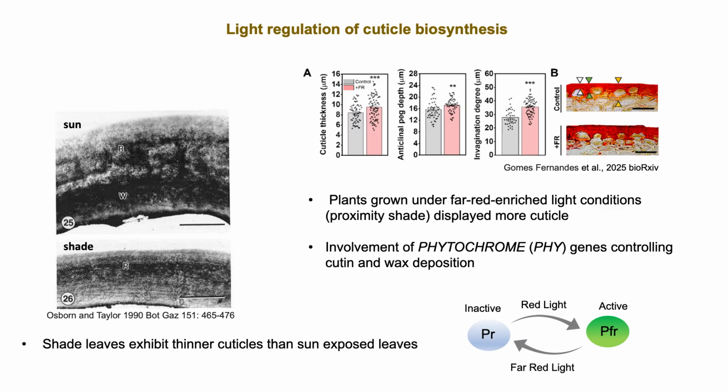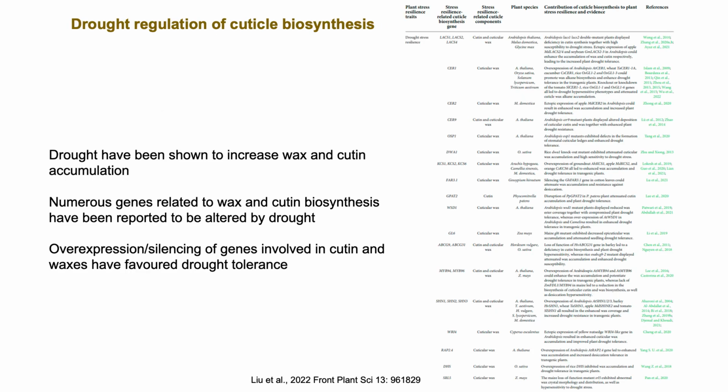What this is suggesting is that the effect of light is far more complex than what we think, and that the cuticle is being regulated by the amount of far red light, by the phytochromes that are, as we all know, responsible for this perception of light. So things are a little bit more complicated than saying more light, more cuticle, less light, less cuticle. Now let's move on into drought.